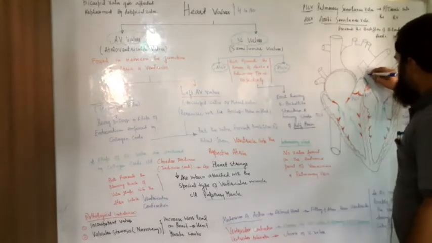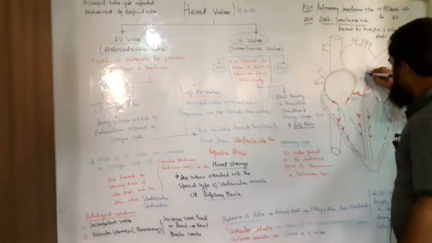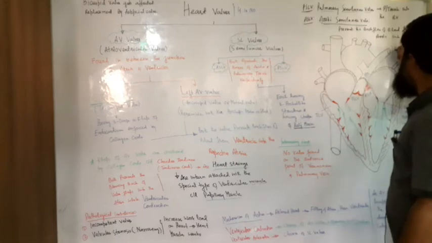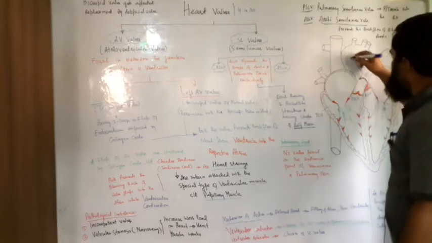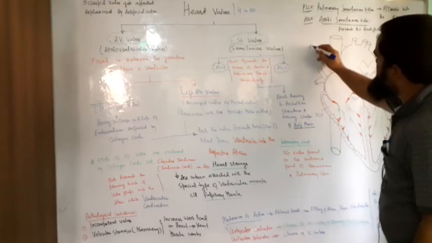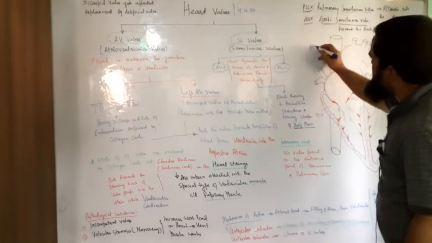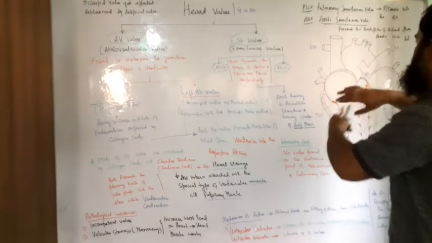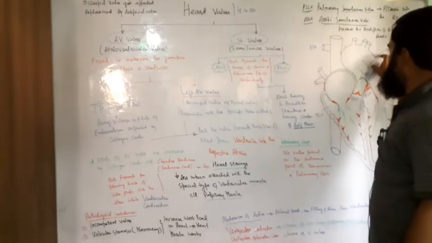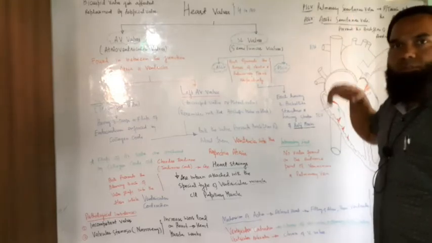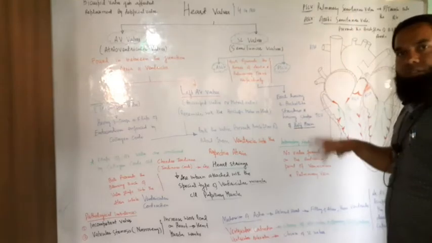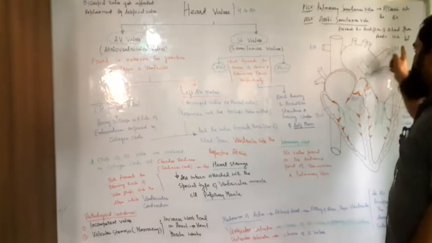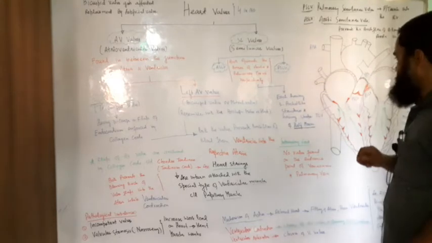This is the pulmonary trunk. The pulmonary trunk bifurcates into the left pulmonary artery and the right pulmonary artery. These are responsible for flowing the blood towards the lungs for purification, or we can say the deoxygenated blood goes towards the lungs by means of the left pulmonary artery and right pulmonary artery.